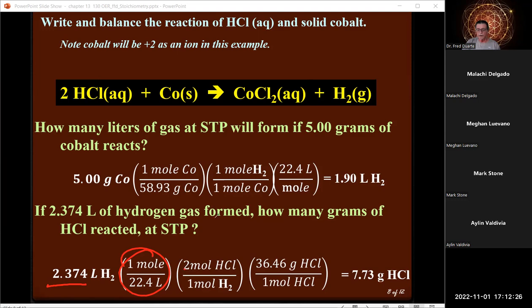The 2 and the 1 are exact numbers, and the atomic weights, molar masses, are not used to determine that, because remember, they are a weighted average of whole numbers. So they have an infinite number of sig figs, so we don't use them. So in this case, the 22.4, which has 3 sig figs, defines the number of sig figs you have in your answer.